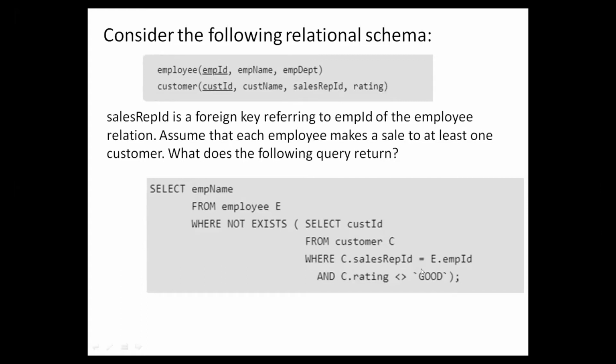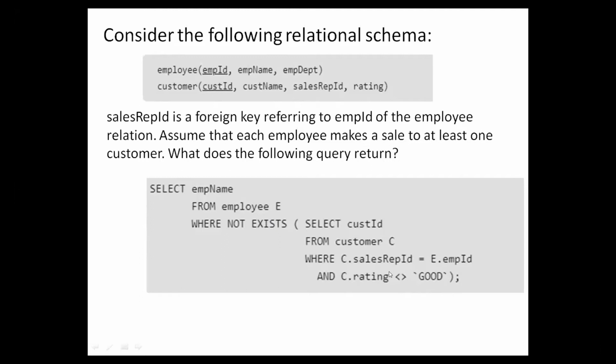So you have an AND here, and this says that sales rep ID is equal to employee ID, right? Sales rep ID and this ID should be the same. And also C rating should be good.